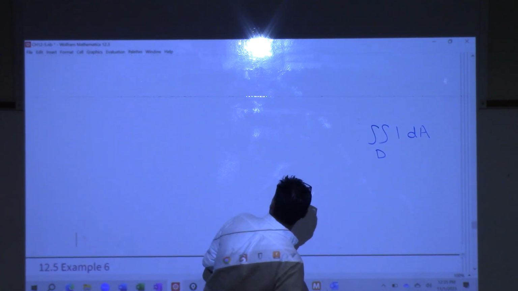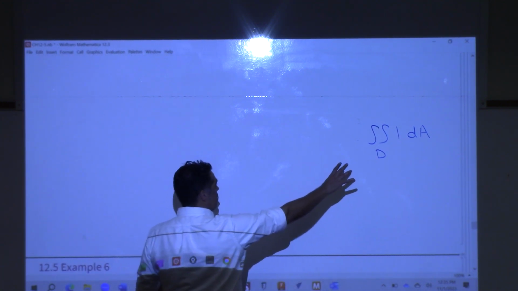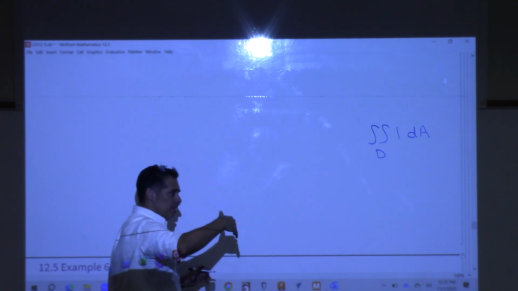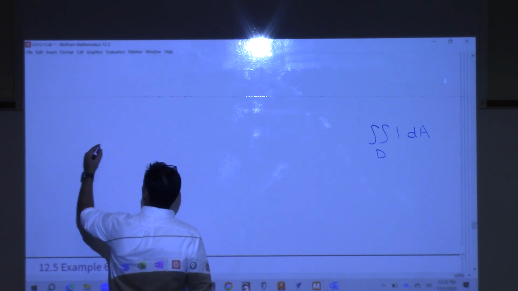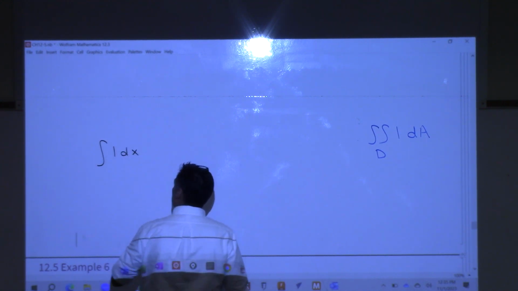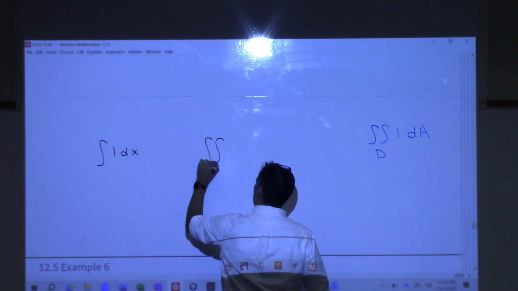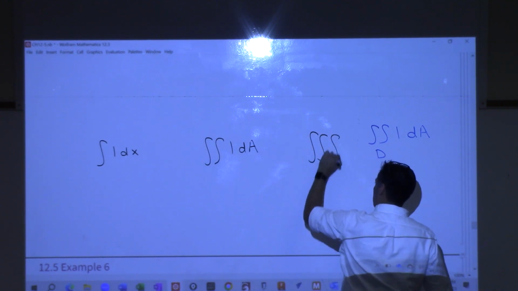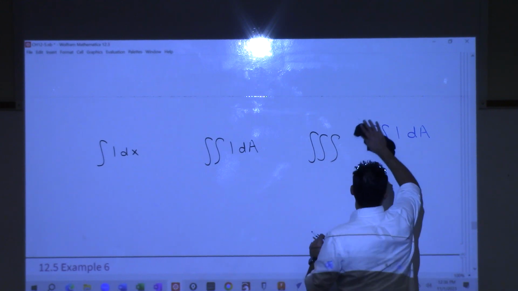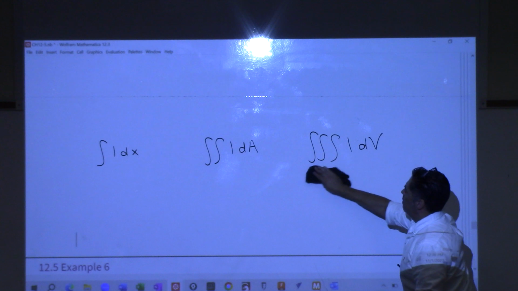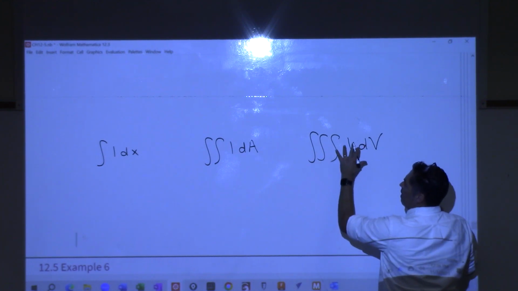Maybe. So this idea right here, I want to show it to you in every case that we've seen from Cal 2 to now. If we do the integral of 1 dx versus the double integral of 1 dA versus the triple integral of 1 dV, for this I have to signify what I'm integrating over.